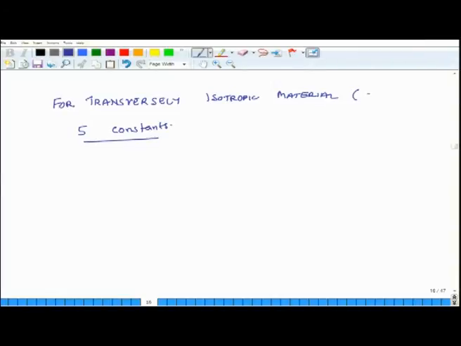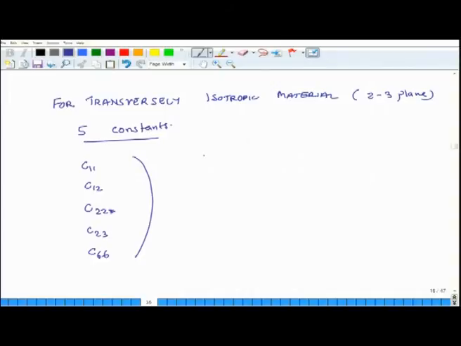And this is in the 2-3 plane. What are these constants? C11, C12, C22, C23 and C66. These are the 5 constants.